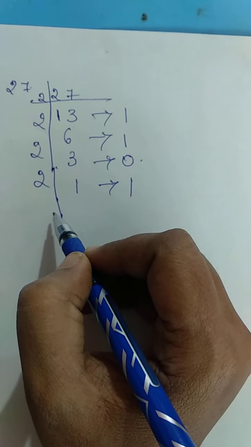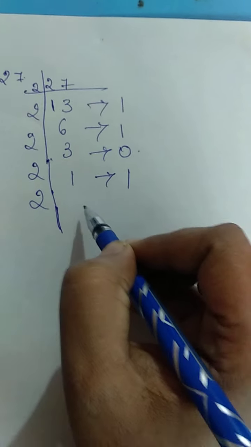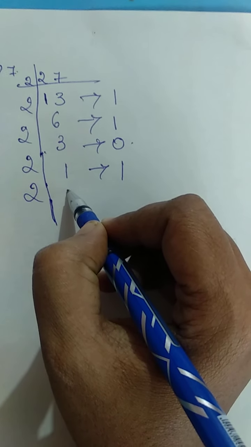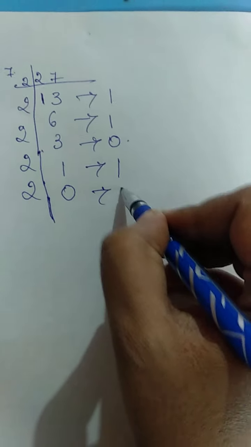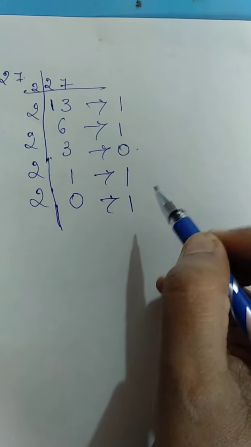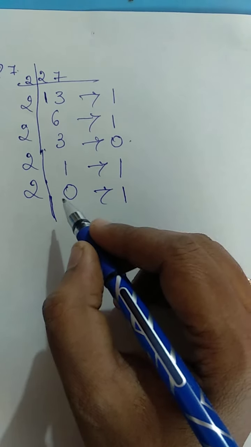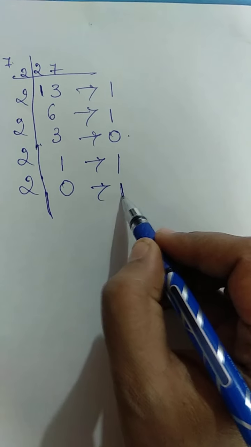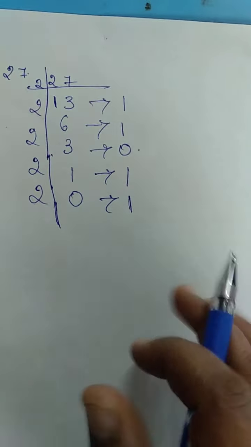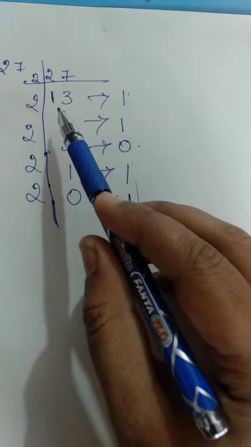Then 2 zeros are 0, then the remainder will be 1. 1 2s are 2, that will be 0. The remainder will be 1. So we got the remainder values and this is the quotient.